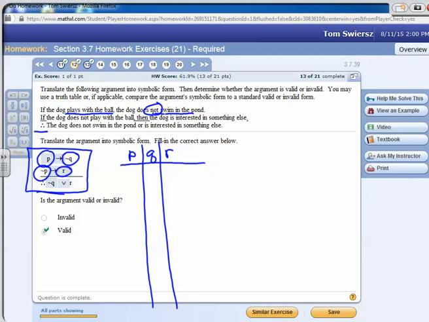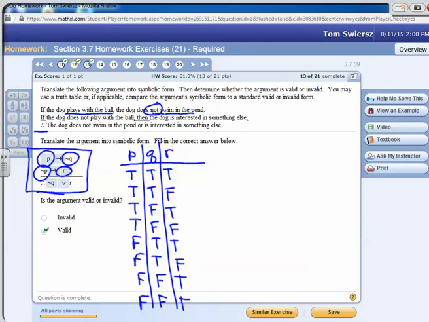To start out, we go true, true, true, true, false, false, false, false: four trues and four falses. Then the Q is 2 trues, 2 falses, 2 trues, and 2 falses. And then the R is every other one: true, false, true, false, true, false, true, false.